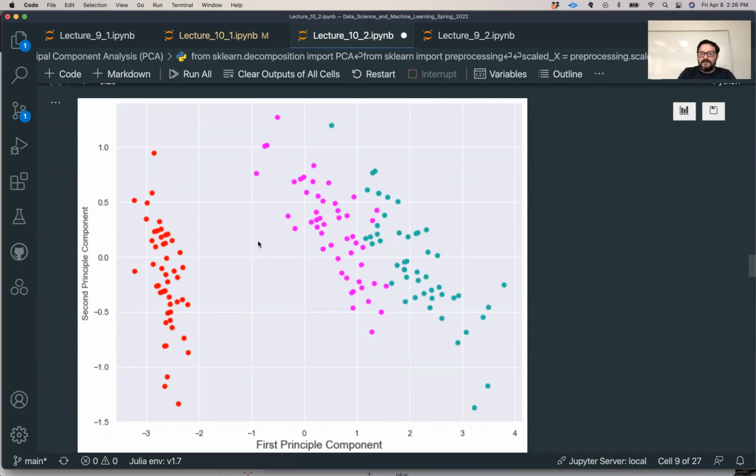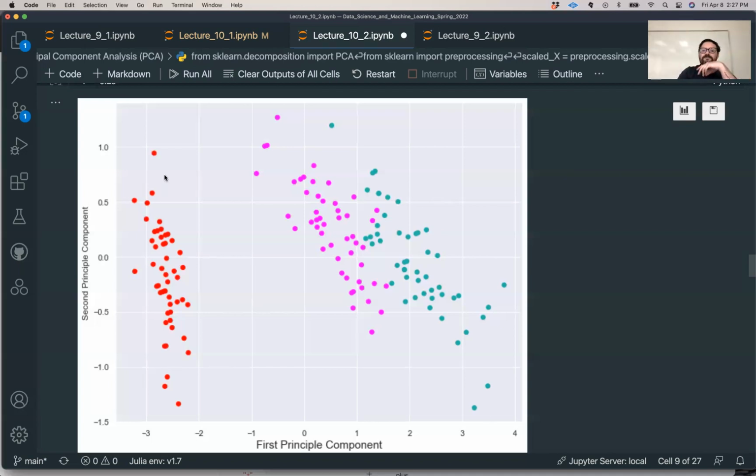So notice that we took in the 4-dimensional data and now it's 2-dimensional. And the classes are the same, right? Like it's versicolor, setosa, versicolor, virginica. And on these axes, that's where there's the most variance in the data.